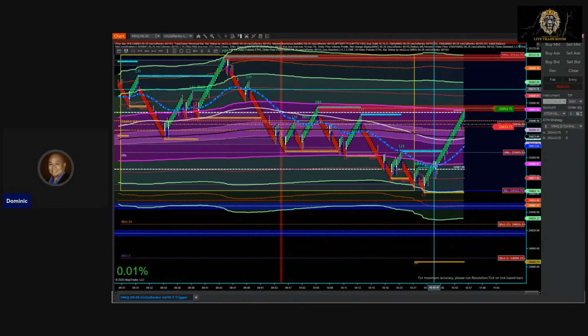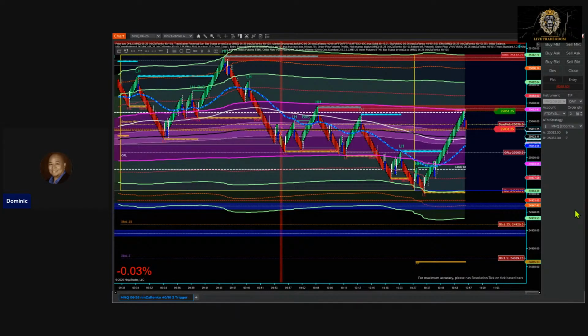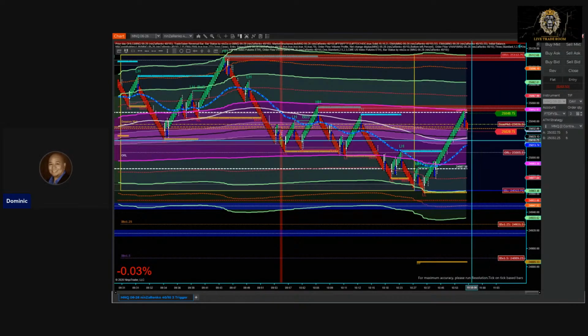And from here, most likely it's going to try to get to the top there, up here. Try and get a pullback. That's the value area high. Let's see what's going to happen here at the VWAP.